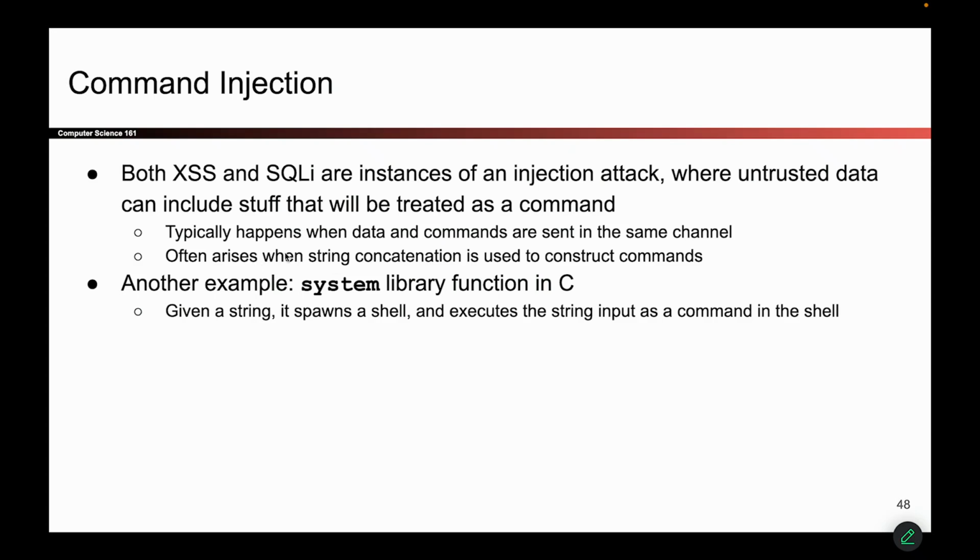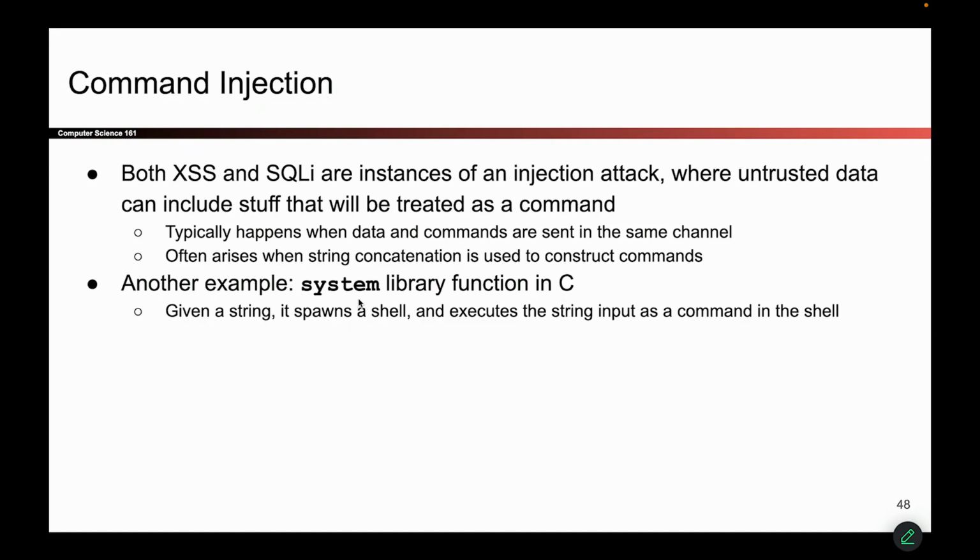You could write a Python program where there's a blank that the user has to fill in. And if you're not careful, maybe the user's blank gets treated like Python code. That could also be a command injection, where you're trying to concatenate strings and then evaluate it. Maybe you accidentally evaluate the user's input as code. Another example might be in the terminal. If you remember, in C, there is a function called system.